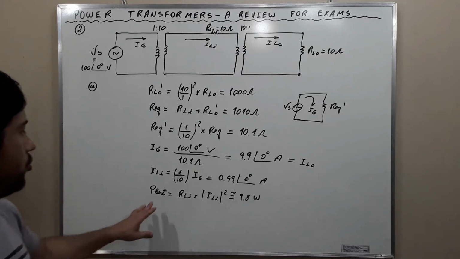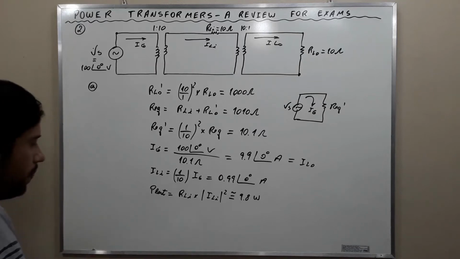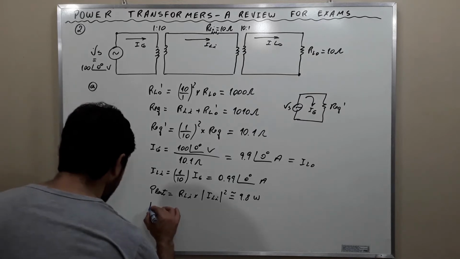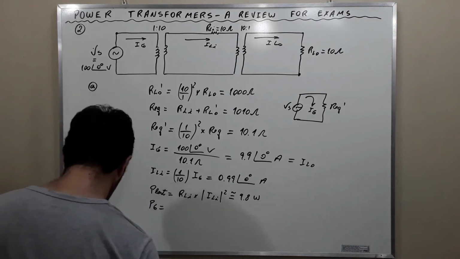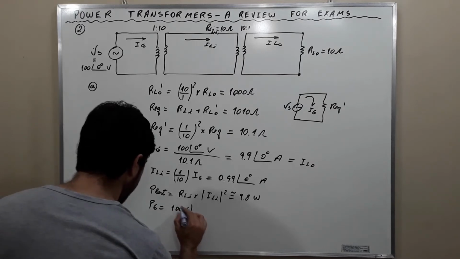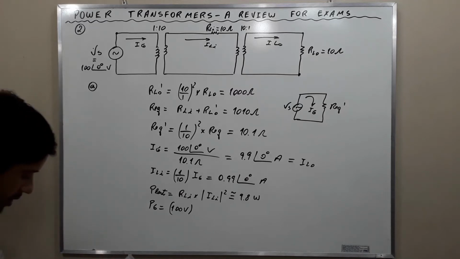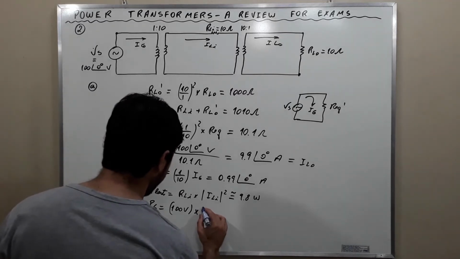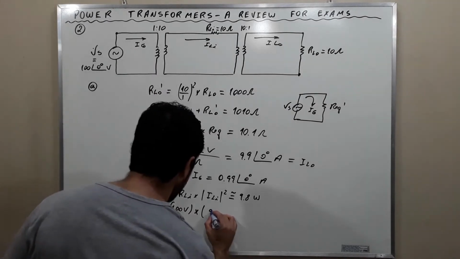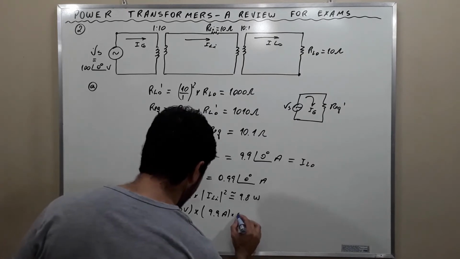And we want to compare this power lost with the generated power to assess the percentage of it. P_G is equal to 100 volts, the voltage of the power supply, times the current of the generator, 9.9 amperes, times the cosine of the angle.